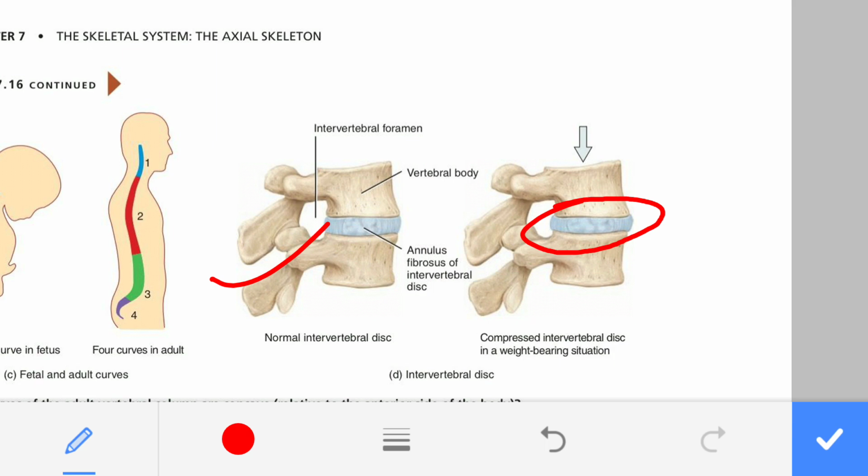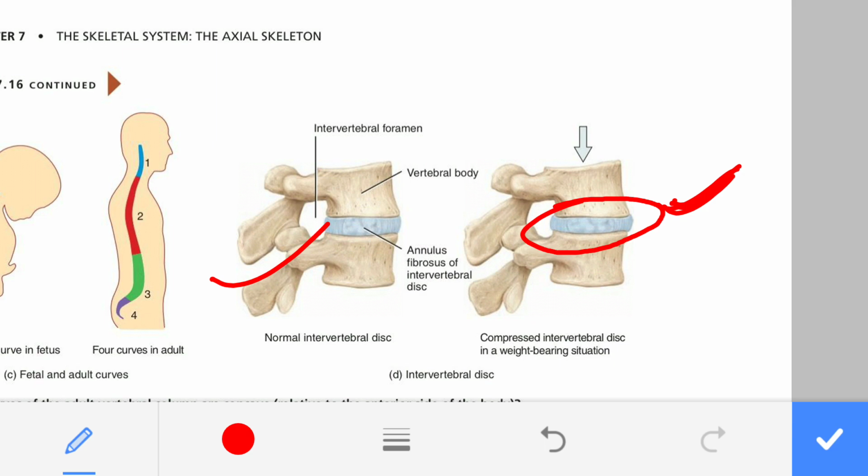This is the intervertebral disc at the time when we are bearing weight, okay. If the person is uplifting weight on his head, at that time the position of the intervertebral disc will be like this, okay.